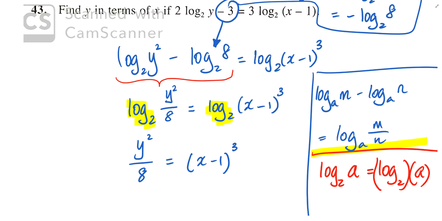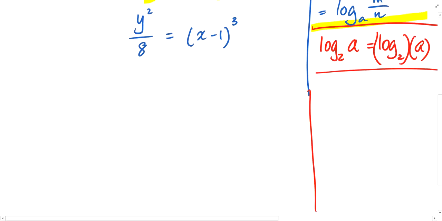But are they the same? Am I actually multiplying log base 2 with a? No, I'm not. This is a function. It is similar to your sine 45 degrees. Sine 45 degrees, what do we get? 0.707. Now, class, in order to make 45 degrees the subject, can I divide by sine on both sides?